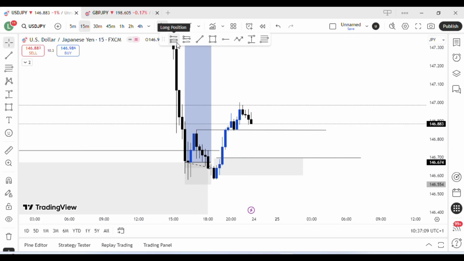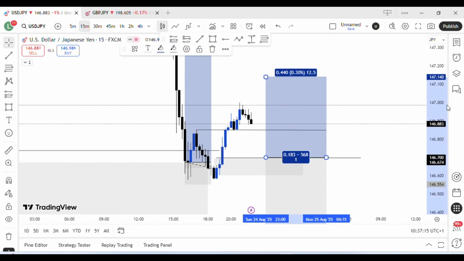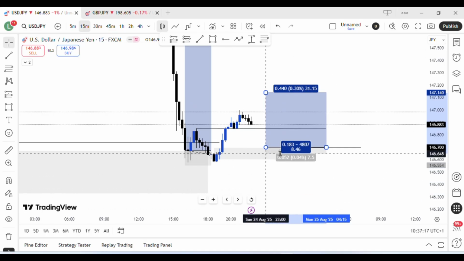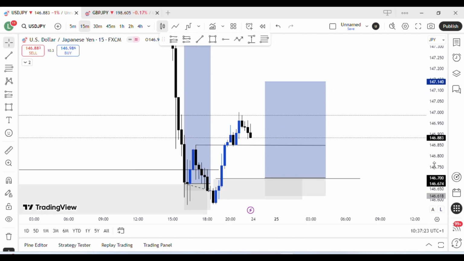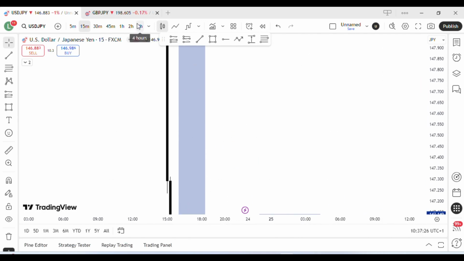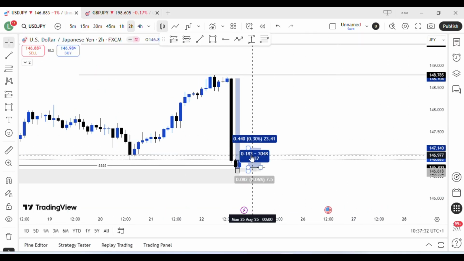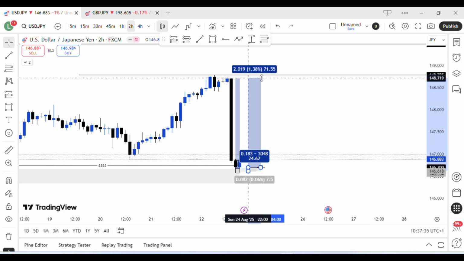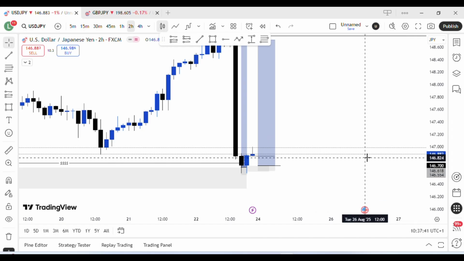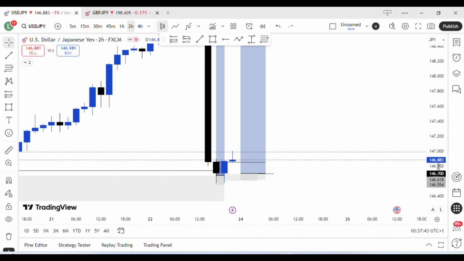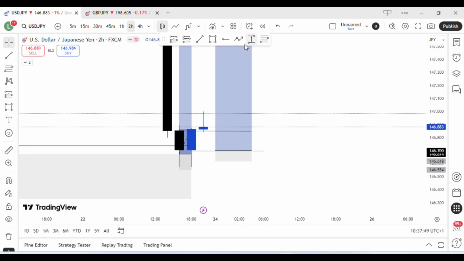By next week, I'm going to execute another trade from that area to the upside, risking something like 8 pips.